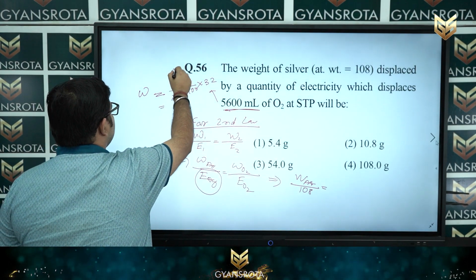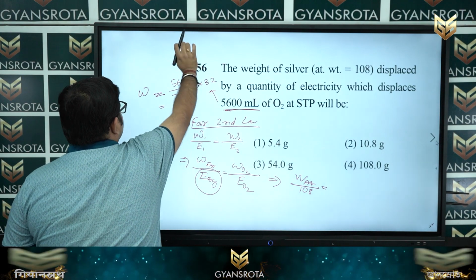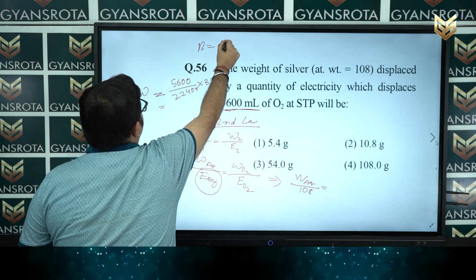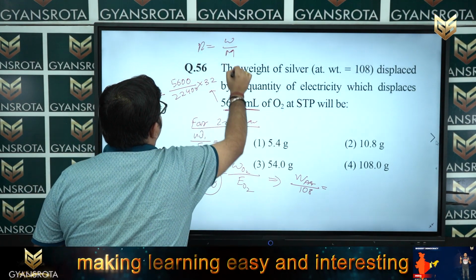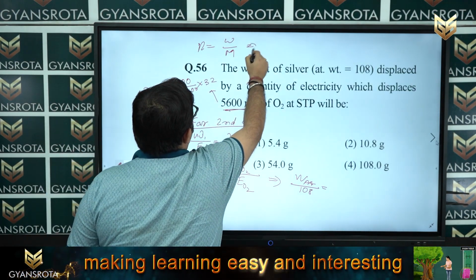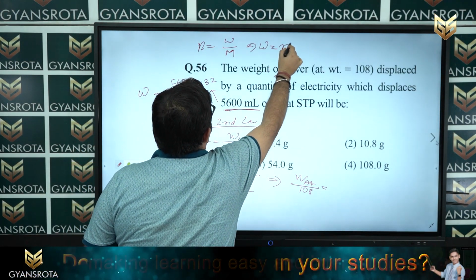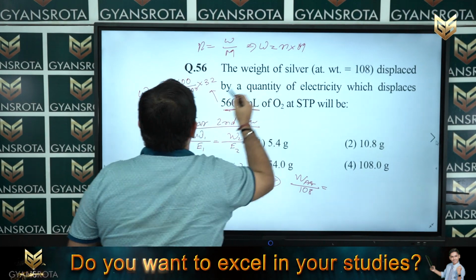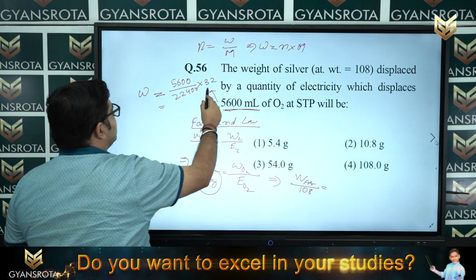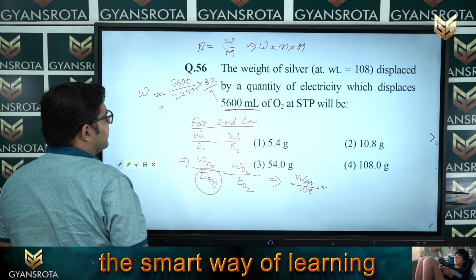Mole is equal to given weight divided by molecular weight. So if I need to find out the weight, weight is equal to mole into molecular weight. It will give you the mole and it will give you the molecular weight.